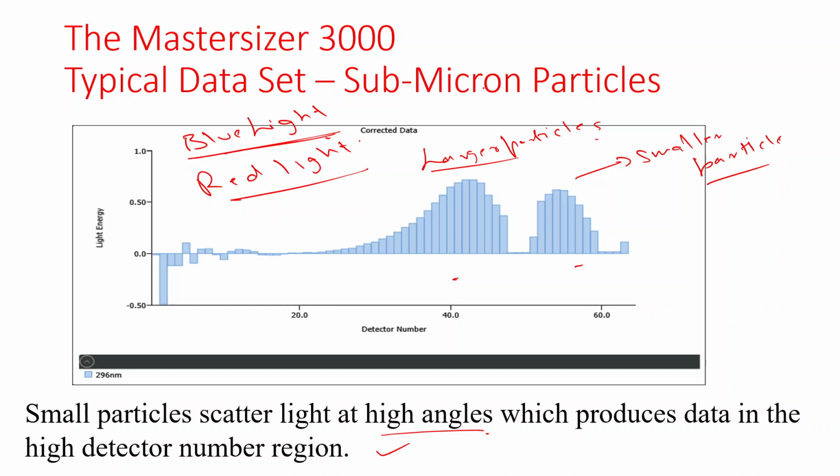The instrument is capable of measuring sizes from 0.1 micron to 1000 micron. This broad range of particles can be determined by the instrument, which we'll see in the coming slides also.